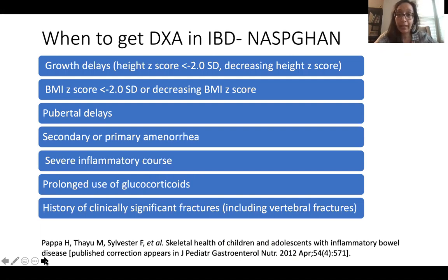As you can see, again, relating to growth delay, malnutrition with BMI Z-score of less than -2, pubertal delays, secondary or primary amenorrhea, severe inflammatory course, prolonged use of steroids, and history of clinically significant fractures, particularly vertebral fractures. Of note, the prolonged use of steroids is clearly defined in the paper.